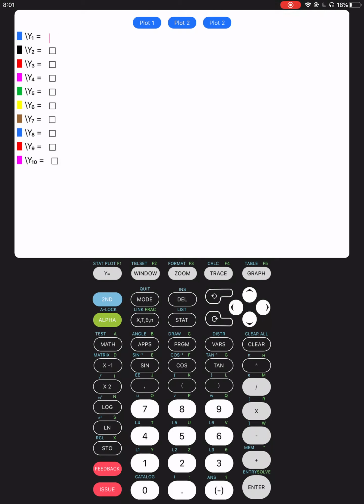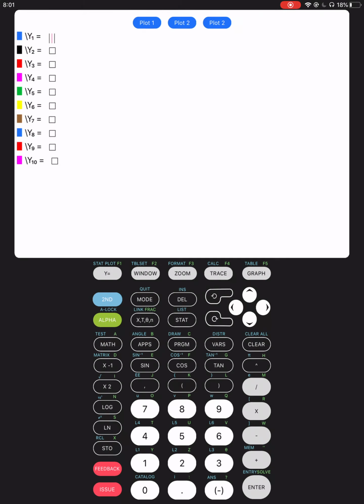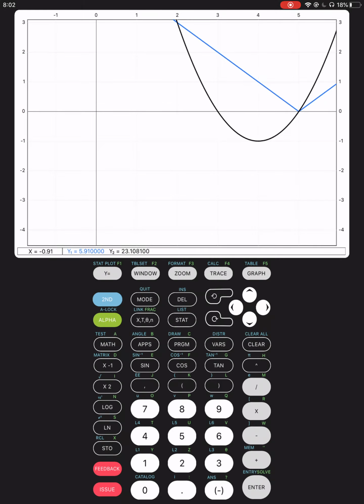So math absolute value of x minus 5, and the other one was x squared minus 8x plus 15, if I remember correctly.